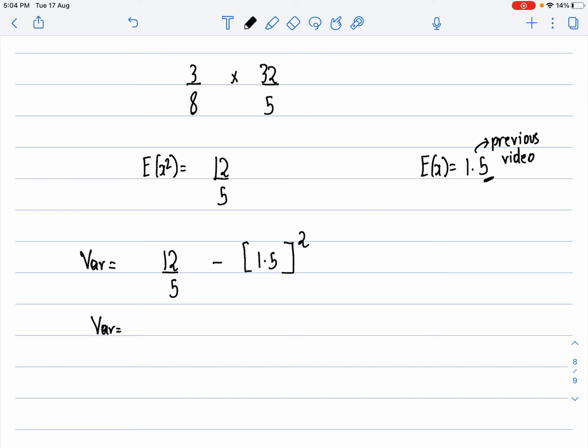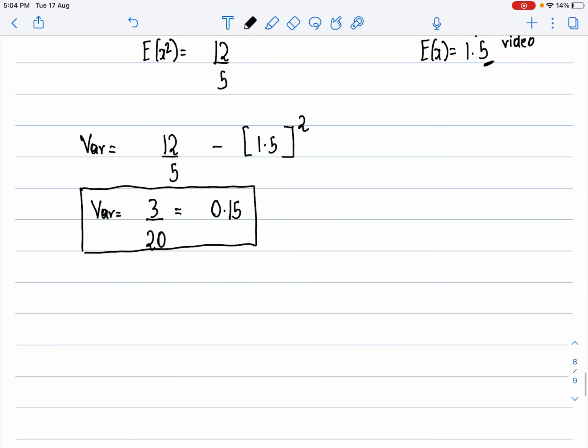So the variance will be 12 over 5 minus 1.5, the whole square. You get your answer for the variance as 3 over 20, which can be written as 0.15. Anything will do. So this is the value which you have for the variance.